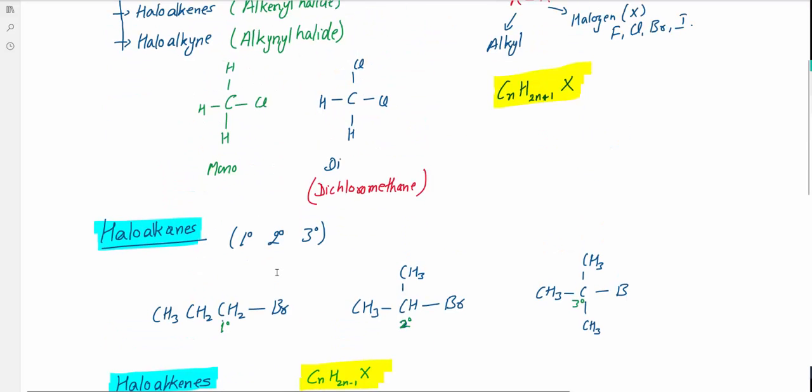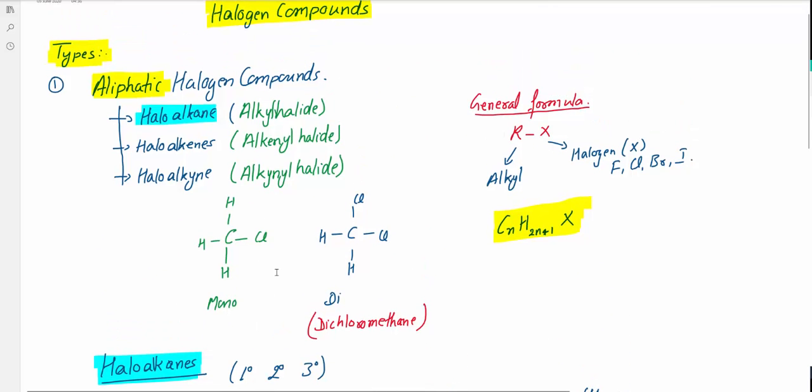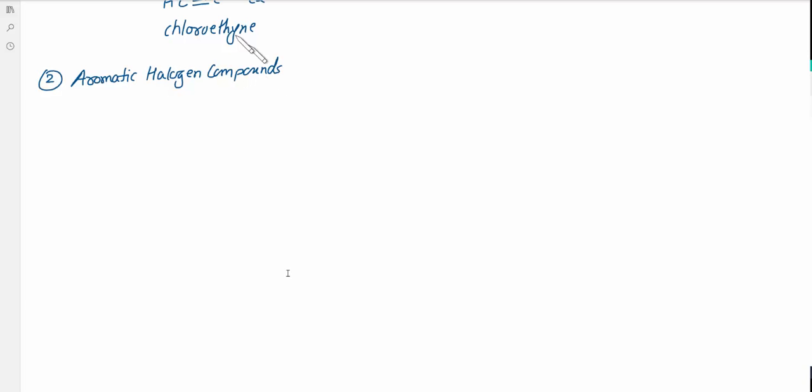Now this was the first category, that is the aliphatic category. Now let's move to the second category, that is the aromatic category, and that is called aromatic halogen compounds.